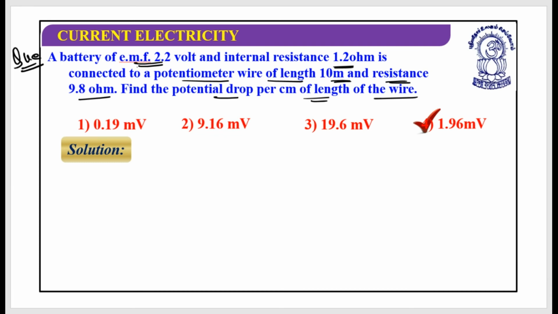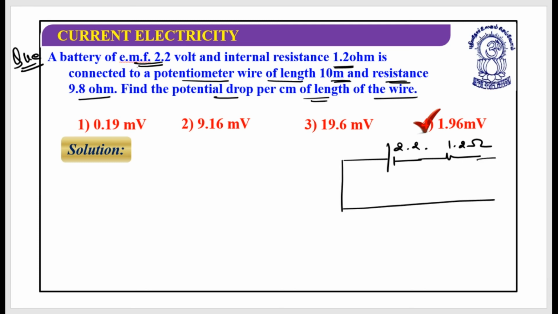A battery of EMF 2.2 volt and internal resistance 1.2 ohm is connected to a potentiometer wire of length 10 meter and resistance 9.8 ohm.